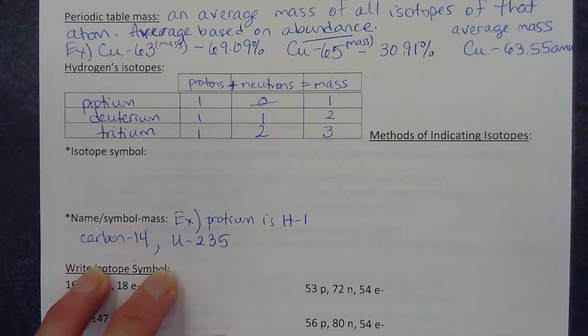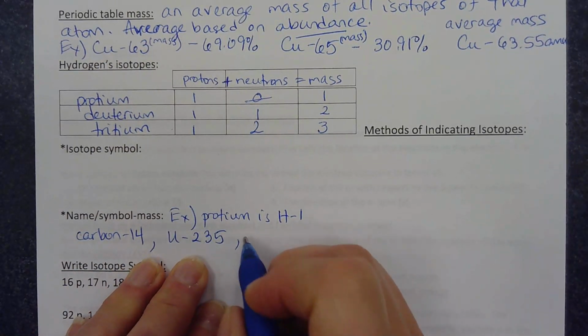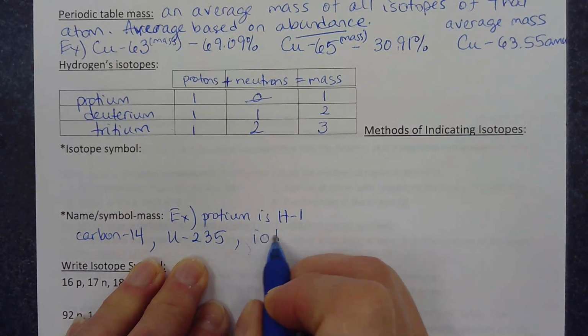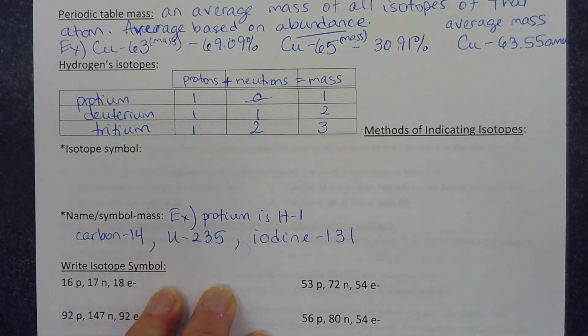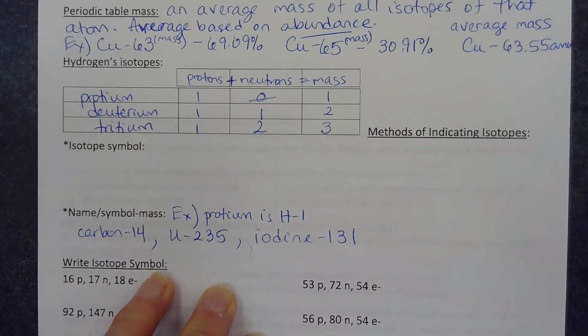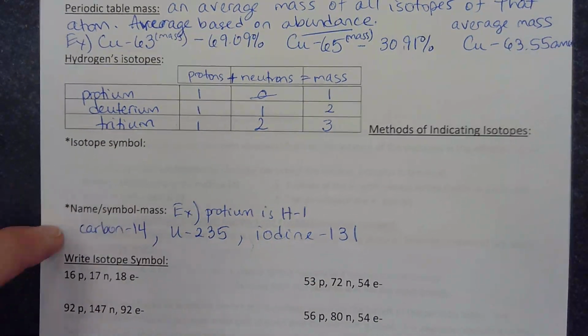You may have heard of those before. And iodine 131 is used in medicine a lot. It's an isotope used in treating hyperthyroidism. So those are all different isotopes. Some of these are radioactive, some of these aren't.